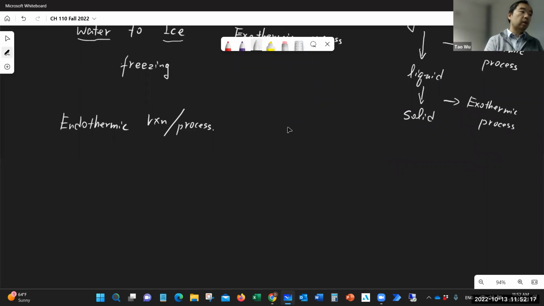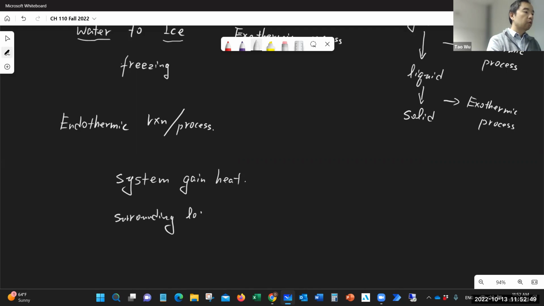The next one is called endothermic. Exothermic and endothermic, those two are coupled. Endothermic means the system is not losing heat; the system gains the heat, but the surroundings lose heat.